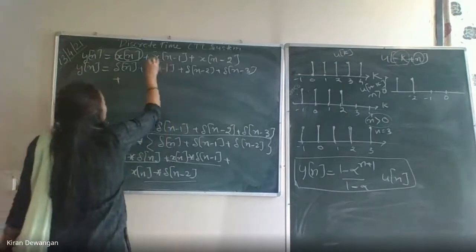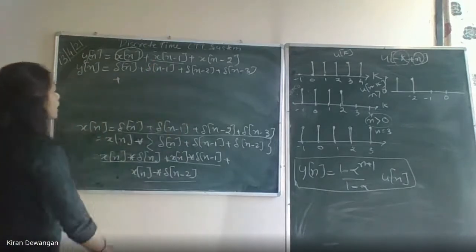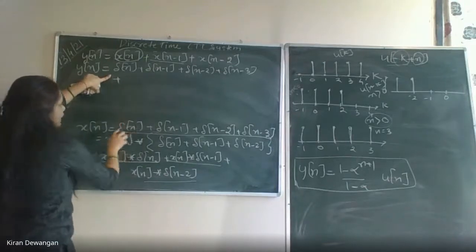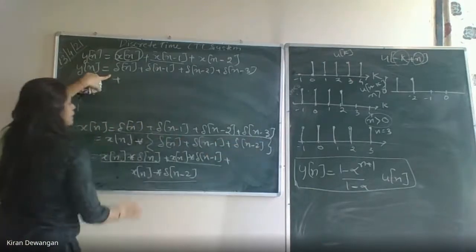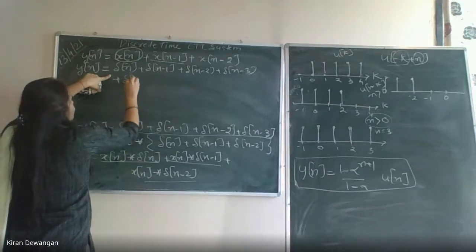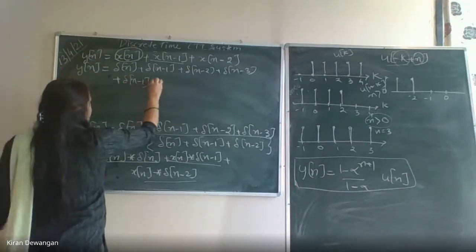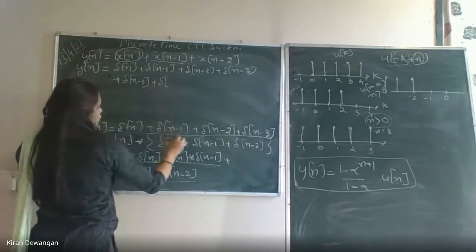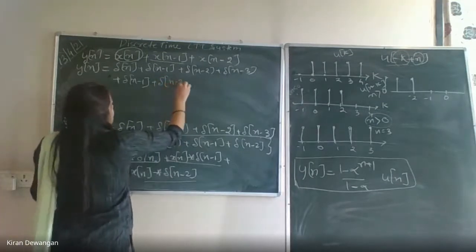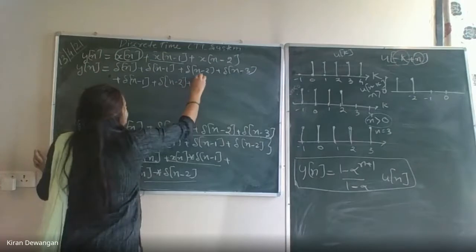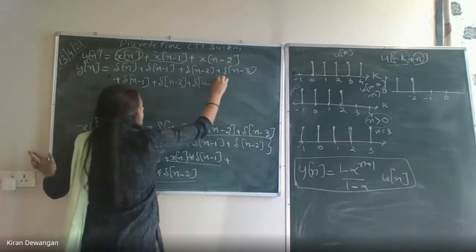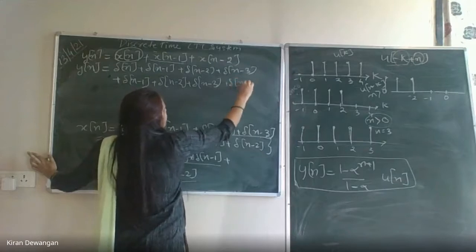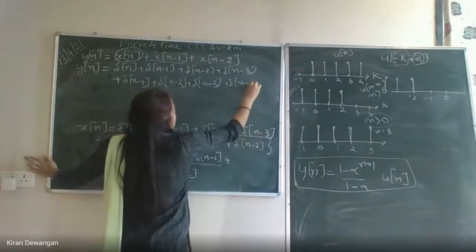Plus, I have to write for x of n minus 1. If I apply x of n minus 1 in this particular thing, it will be del of n minus 1 plus del of n minus 2 plus del of n minus 3 plus del of n minus 4.